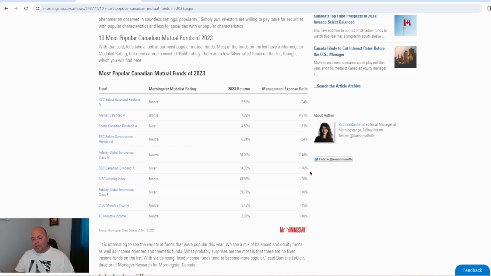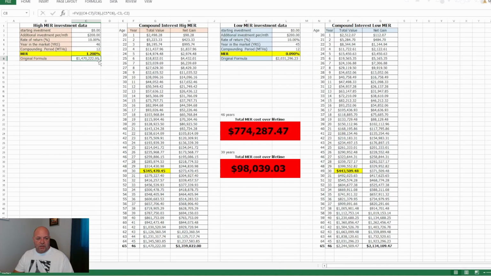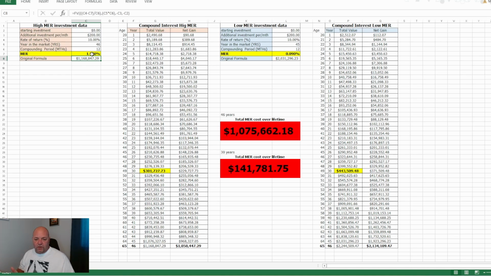So when you take something like, we'll go with the top one, which is 1.94. If you punch 1.94 into the little Excel sheet we have, which is right here, 1.94 over the course of your lifetime of investment, if you started when you're 30, is over $1 million. Just in 30 years of that time, that's $140,000.